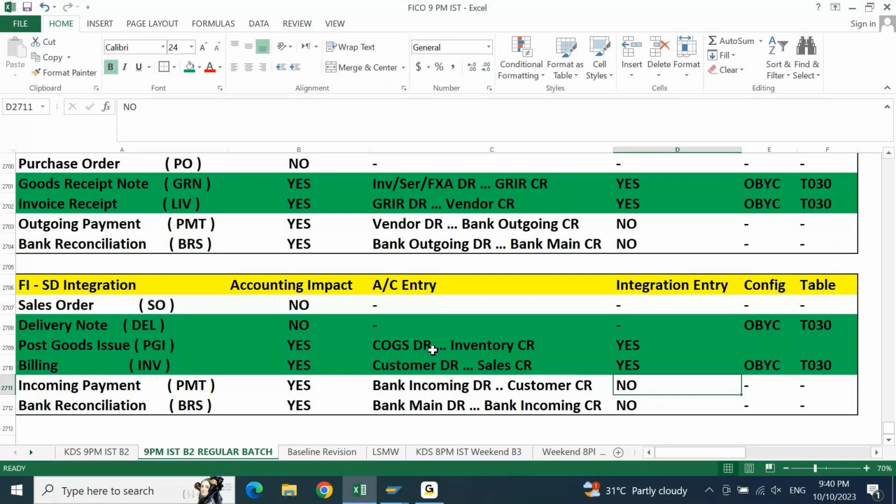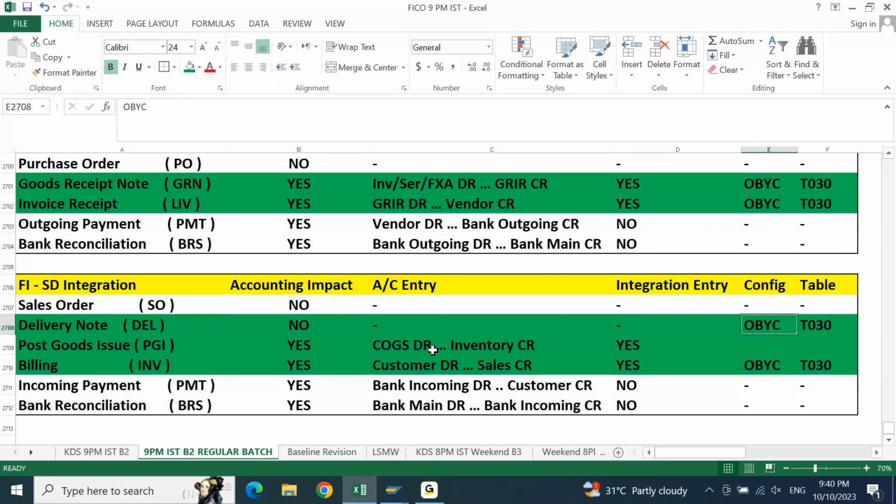Billing has an accounting entry, yes, this is your integration related entry. Incoming payment is not related to FI SD integration. BRS is also not related to FI SD integration, as they are direct FI module entries or direct FI JVs.